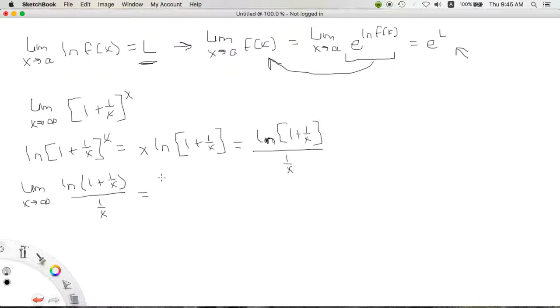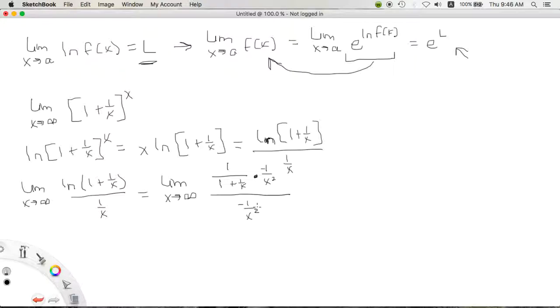So we use L'Hopital's rule to calculate this limit, and we get the derivative of the top, which is 1 over 1 plus 1 over x times, don't forget to do the derivative of what's inside, all over the derivative of the bottom part. Remember, we're taking the derivatives individually, not the derivative of the whole thing, but the derivative of the top part and then the derivative of the bottom part. We'll actually look at an exercise to show why that works in class.